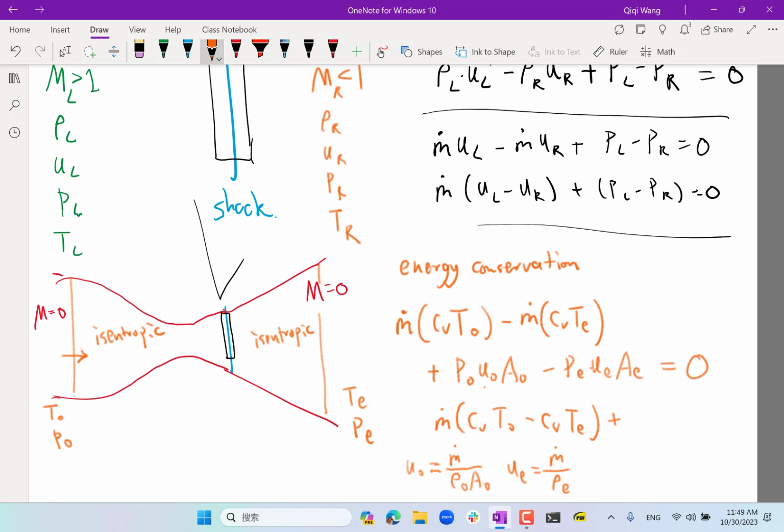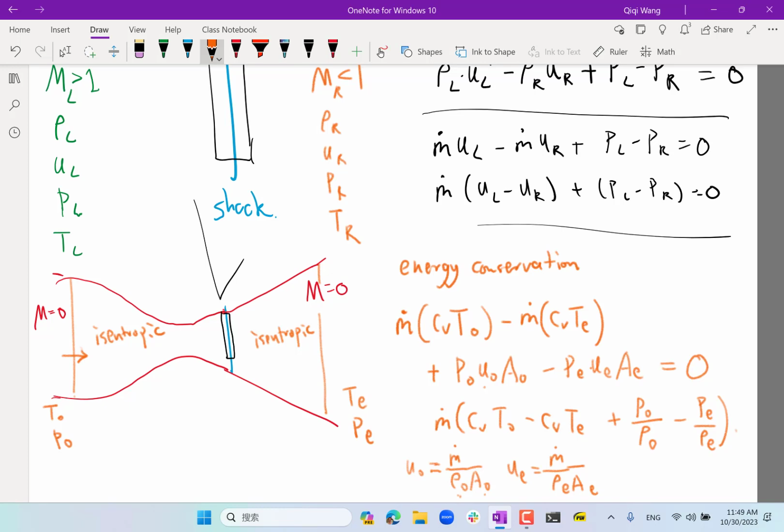So that's the mass flux, and we are dividing by density. Velocity times density times area is mass flux. That means the pressure force can be written as P0 divided by rho 0, again times the mass flux. So the mass flux can be pulled out of the entire thing, minus P exit divided by rho exit. Agreed? Okay.